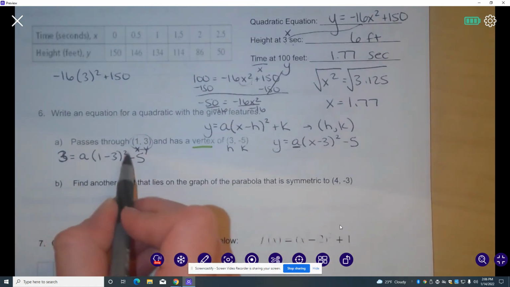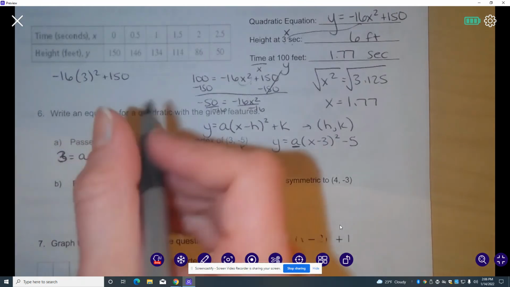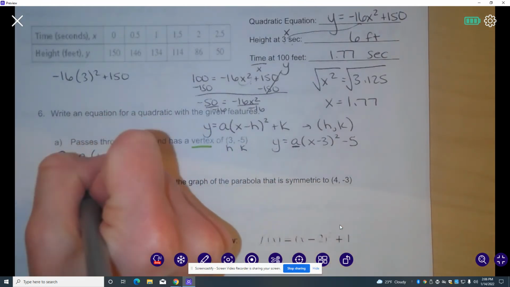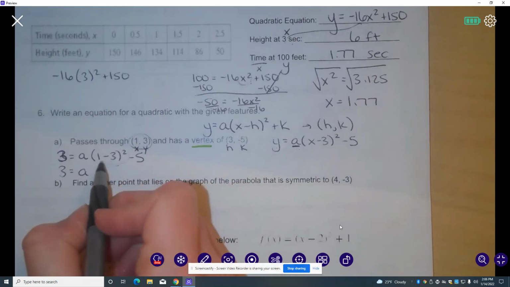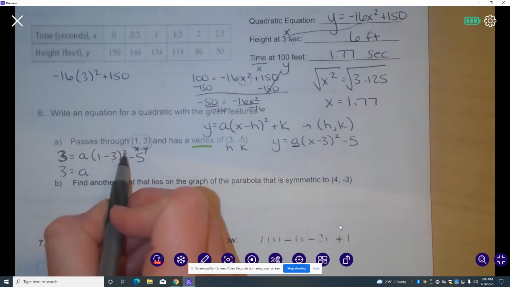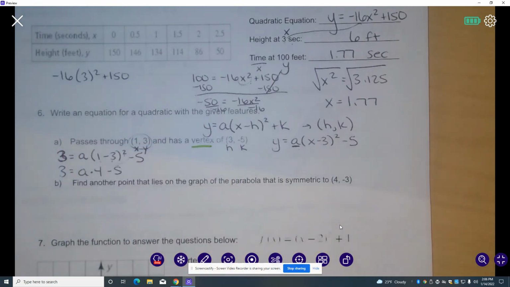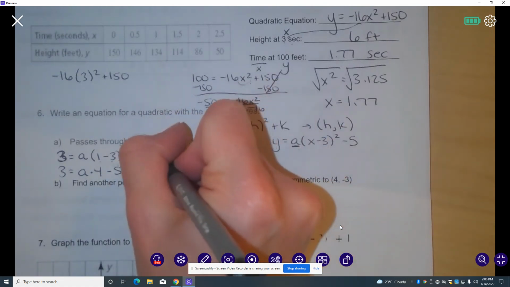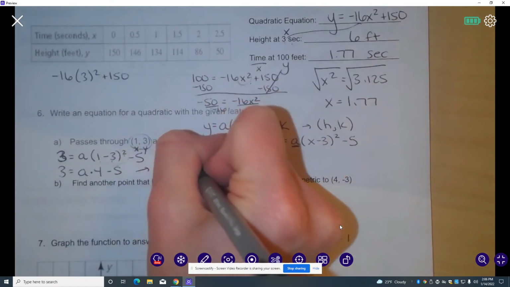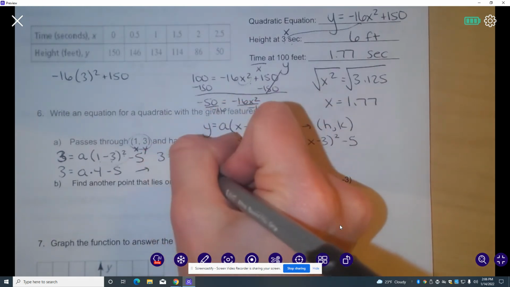So I'm going to do what's in parentheses first. I'll subtract and then square this. So I have 3 equals a times, let's see, 1 minus 3 is negative 2, and negative 2 squared is positive 4. Kind of a weird way to write it. I'll rewrite this as 3 equals 4a minus 5, and then I'll solve for a.